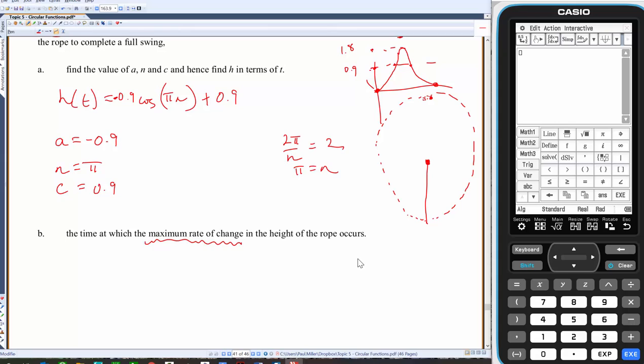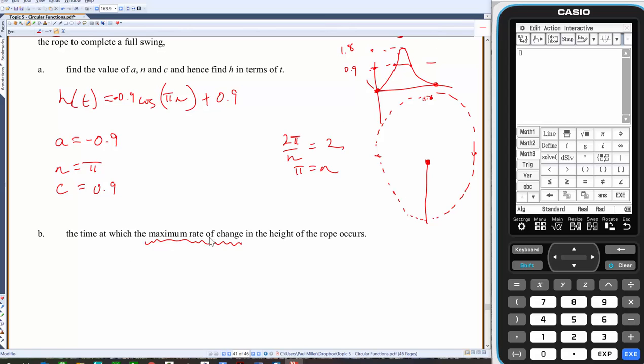When does it change the most? And if you sort of understand what's going to happen, the rate of change is going to be at its fastest. When's it going to be? It's going to be here and here.